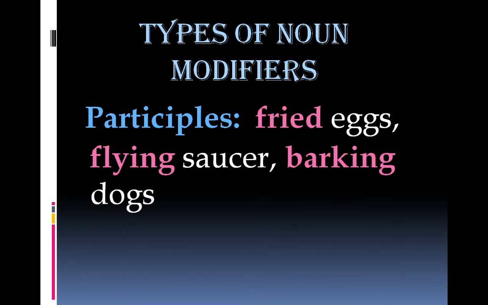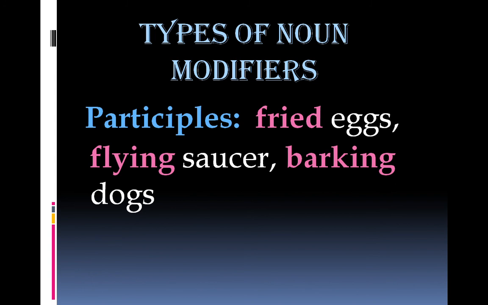The next type of noun modifier is participle, also known as participle adjectives. Participles are the participle forms of verbs, both present participle and past participle, behaving like adjectives in sentences or in phrases. They are called noun modifiers. Like in this example, fried eggs.